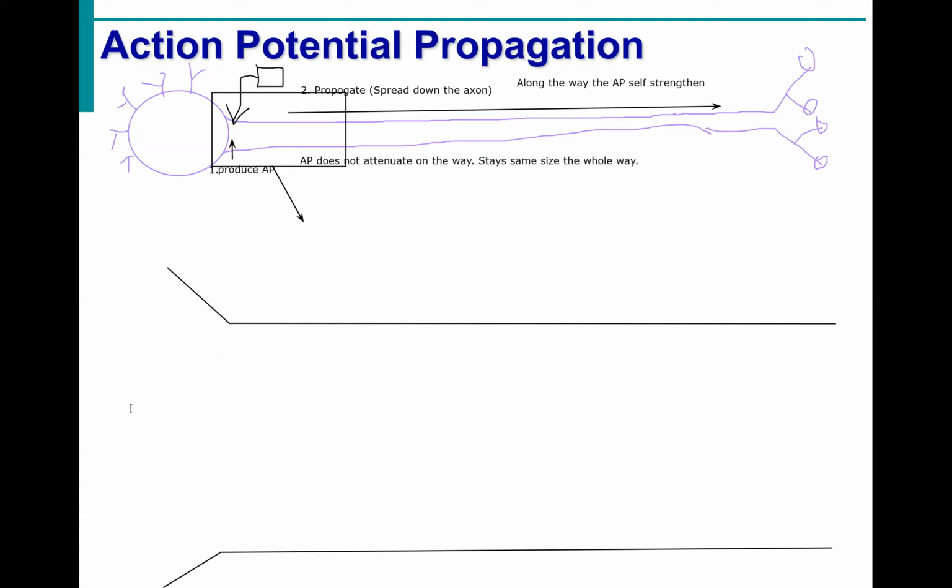So of course, this over here is our cell body. And this right here is our axon hillock. And actually let's put the labels down here. And then we have the rest of the axon.